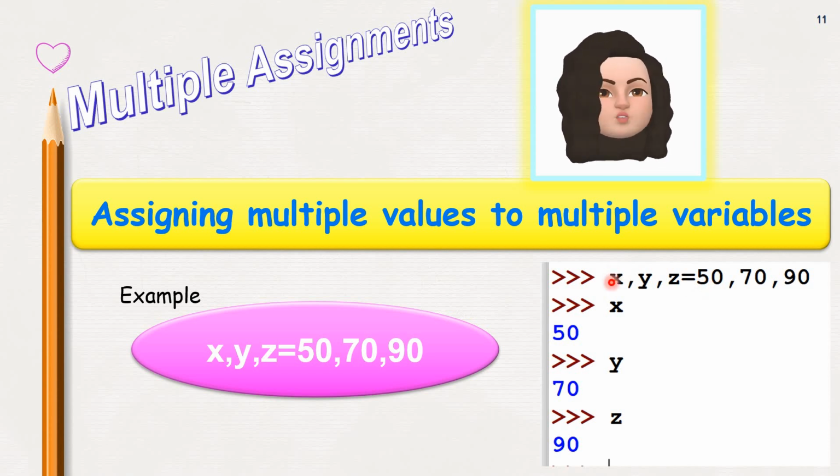So the first variable will be assigned the first value, the second variable will be assigned the second value, and the third variable will be assigned the third value, and so on. So x will be assigned 50, y will be assigned 70, and z will be assigned 90. So this is assigning multiple values to multiple variables in a single line.